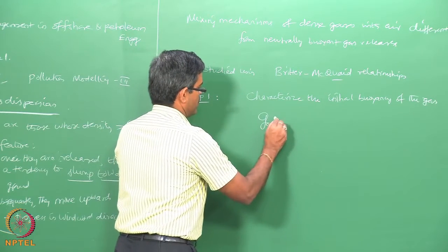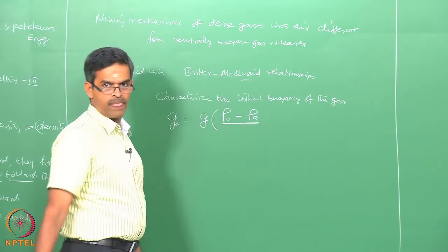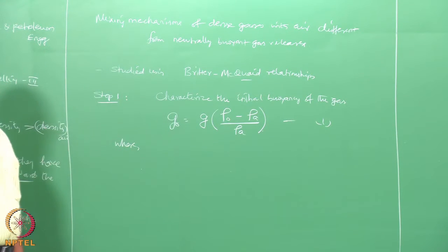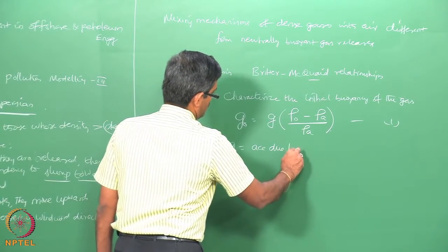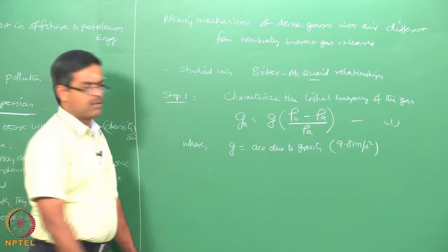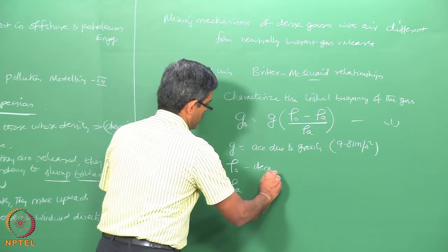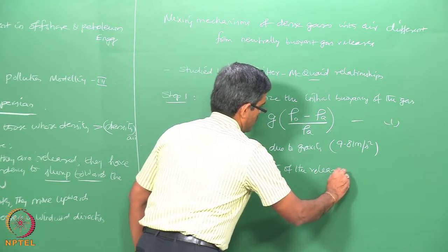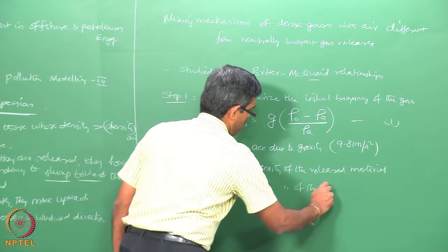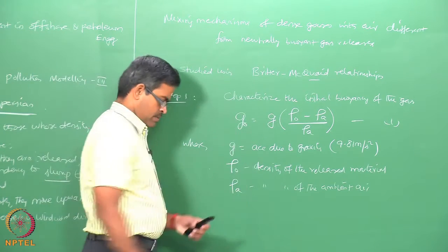Use this equation, G0 is given by g times (rho 0 minus rho a) by rho a, where g is acceleration due to gravity, 9.81 meter per second square, and rho 0 and rho a are the density of the released material and the density of the ambient air. So, try to compute G0 first from this equation.